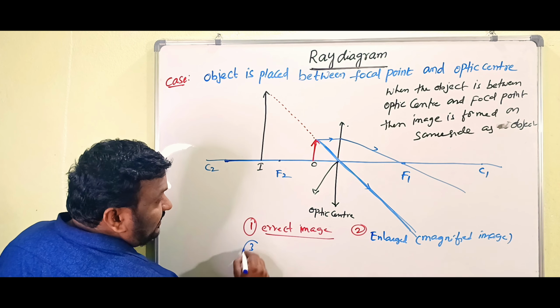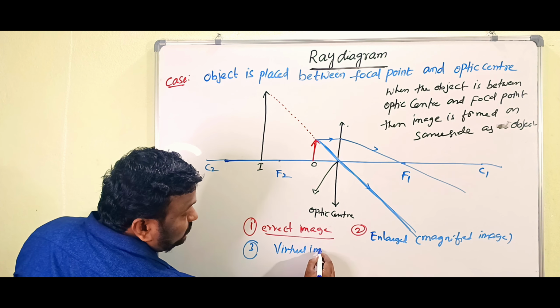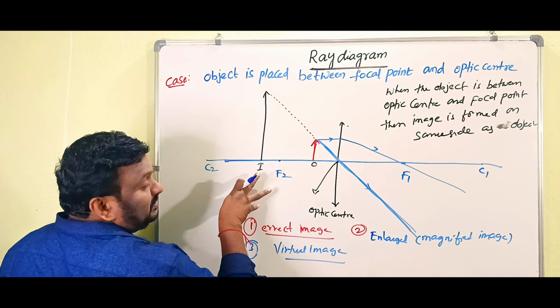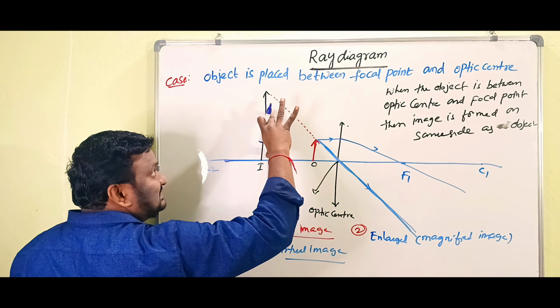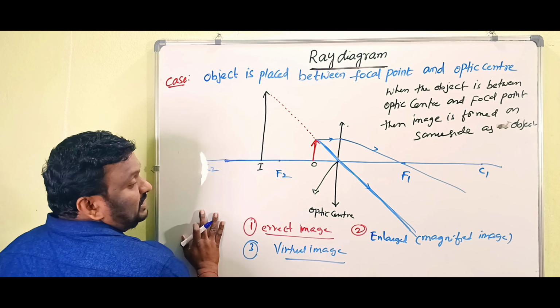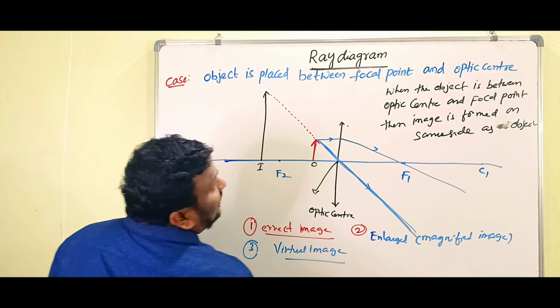And the third one is a virtual image. So the nature of the image is erect, magnified and virtual when the object is placed between the focal point and optic center.